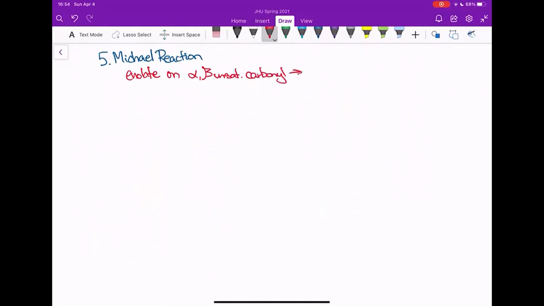And then this gives a product that's a 1,5 dicarbonyl. So if you're working on a synthesis problem or any of the first page problems and you see a 1,5 dicarbonyl as your product, this would probably be my first go-to to see if it works.